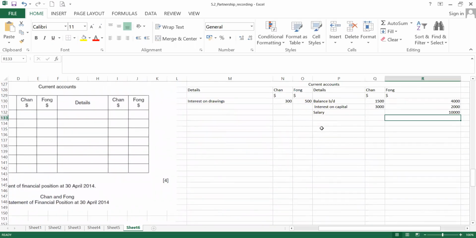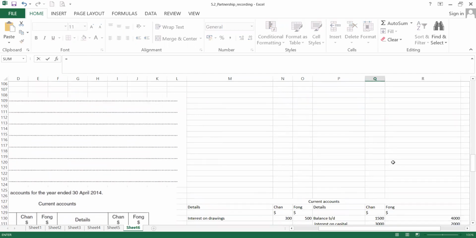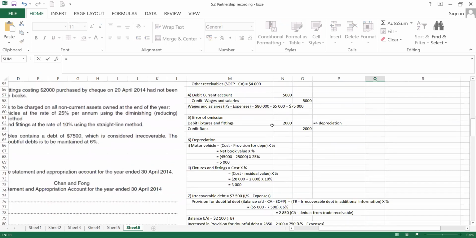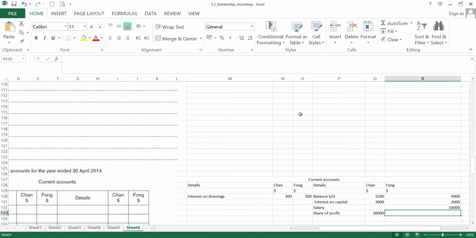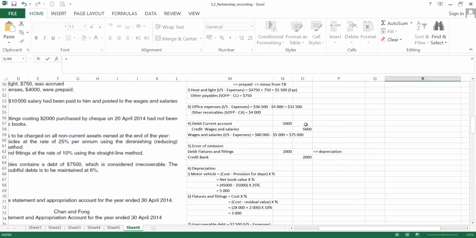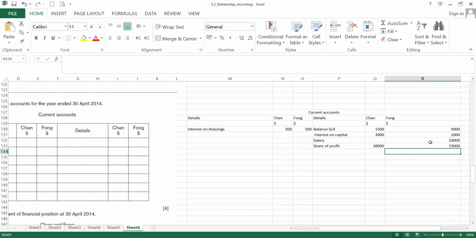One more item: we have the share of profit. Take notes about this format of debit side or credit side items. Share of profit, 38,000 and 19,000. So these two amounts are done.